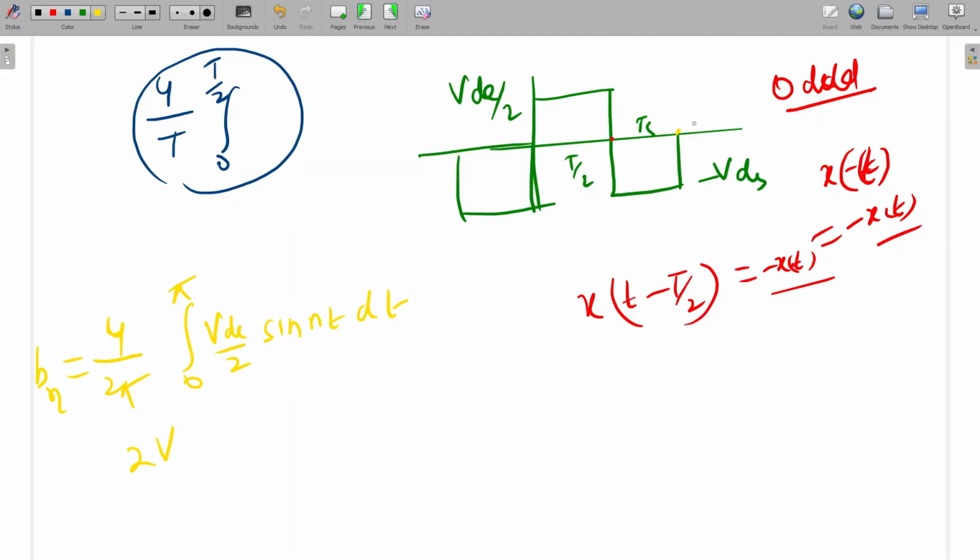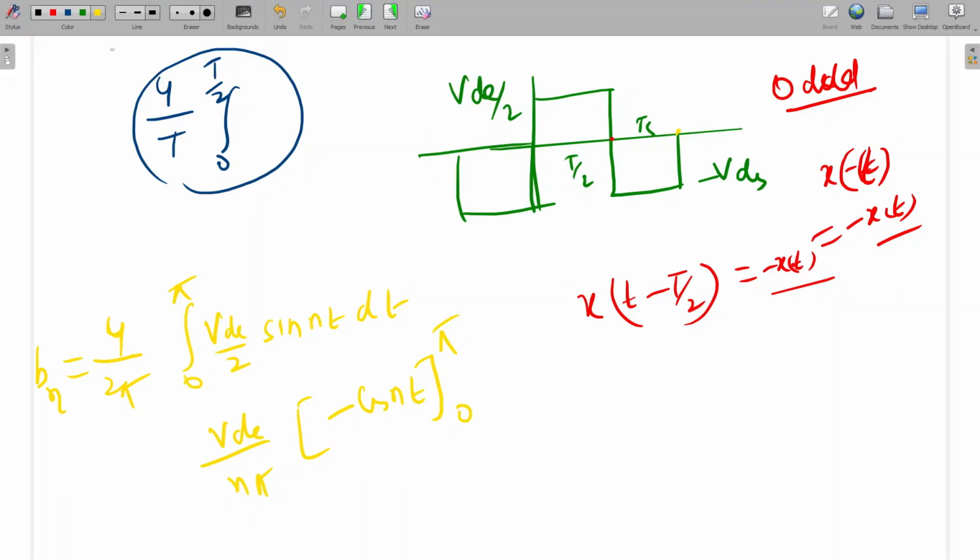T is 2 pi, so VDC upon n pi, and this will be minus cos nt from 0 to pi. Is it correct?